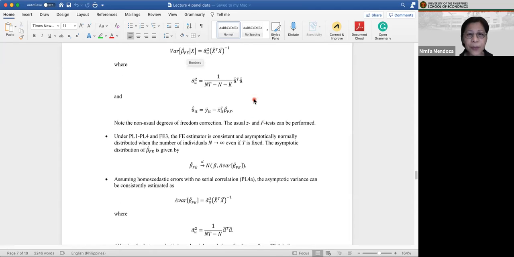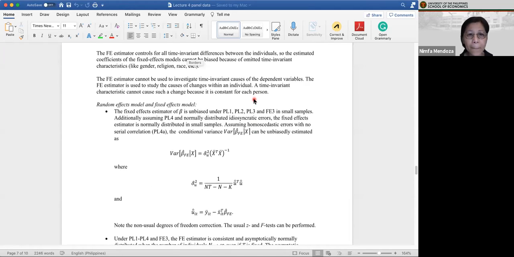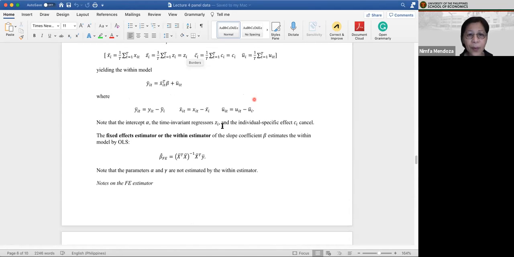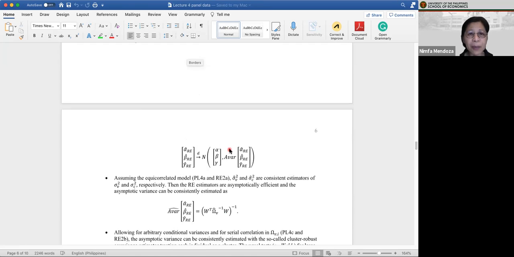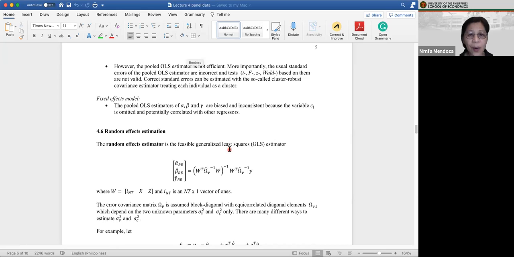So in fixed effects, we just estimated this. This is the fixed effects estimator. However, for the random effects, we estimated this. So for the random effects estimators, we're just getting this subset of coefficient estimates.